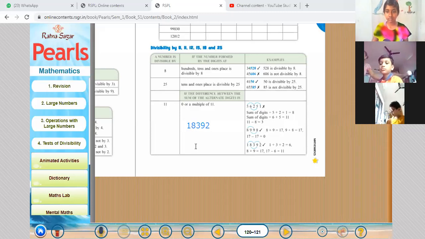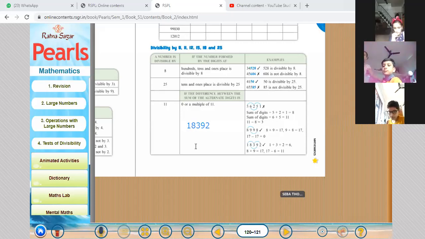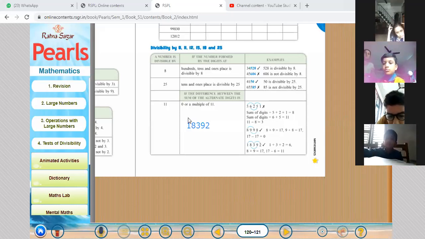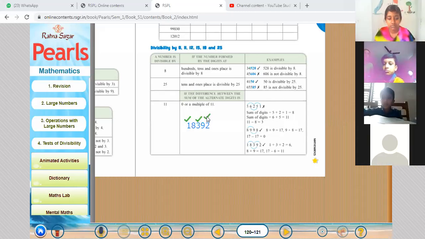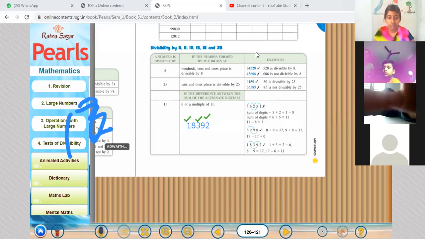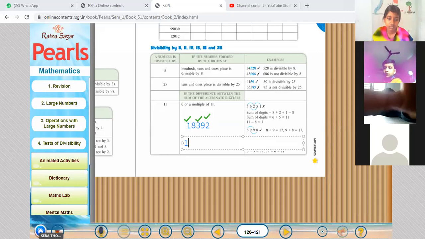The first pair of alternate digits is 1, 3 and 2. Is it? So we get the first pair as 1, 3 and 2.